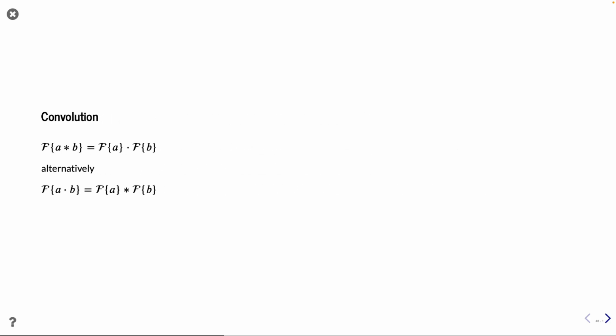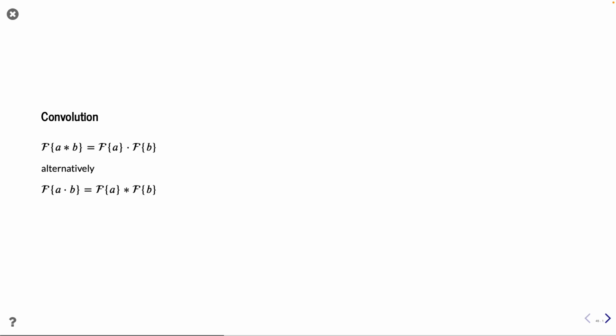The interesting thing about the Fourier transform is that convolution can be made much easier. Before, we saw that for convolution you have to do repeated sums for each point. If you do the Fourier transform of a convolution, it's actually the multiplication between the Fourier transform of the image and the Fourier transform of the kernel itself.